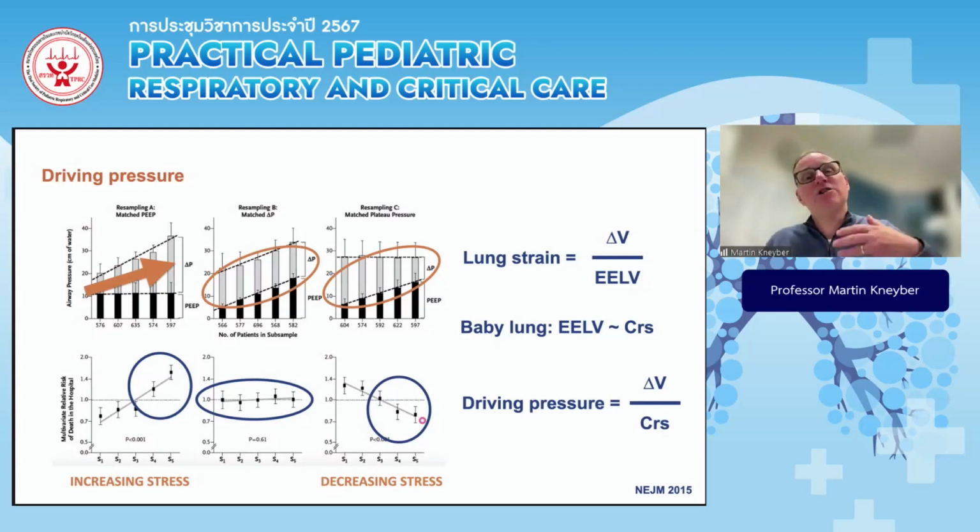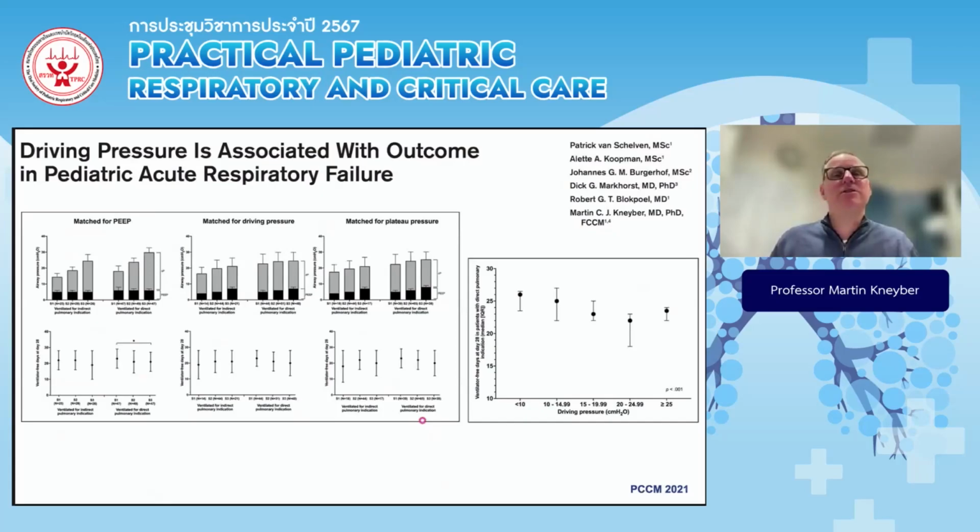So you could say, as long as my driving pressure is below a certain value, if my tidal volume is somewhere between 4 and 8, I'm fine. I don't need to find a specific number for my tidal volume. I need to see it in the context of driving pressure.